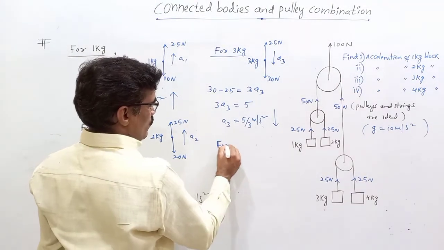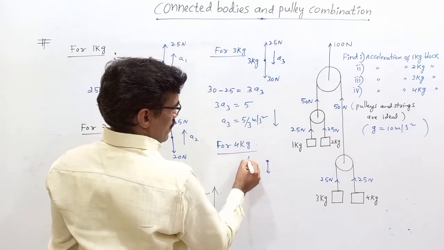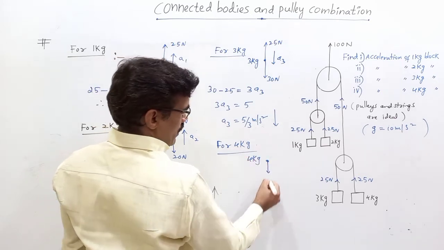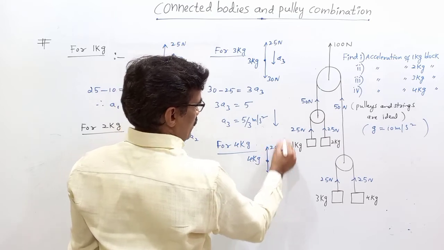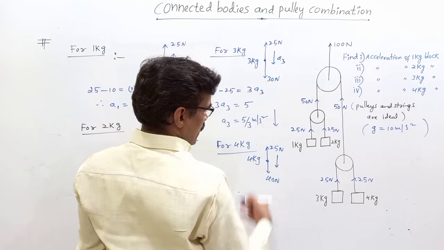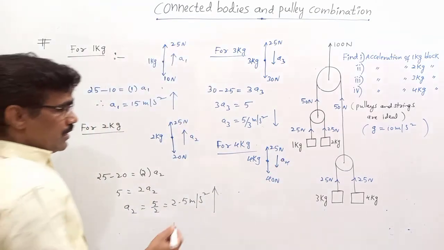Then what about the 4 kg block? On the 4 kg block, 40 Newton is downward and up is 25 Newton. That's why, as 40 is greater than 25, it is moving in the downward direction. What is the net force?